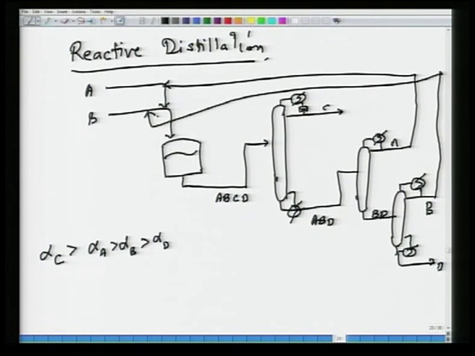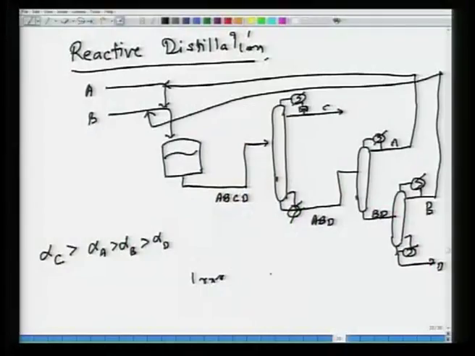The point is, this is a one reactor, three column scheme to get pure C and pure D as my products and ensure that none of the reactants leave the process. All of the unreacted reactants are recycled.